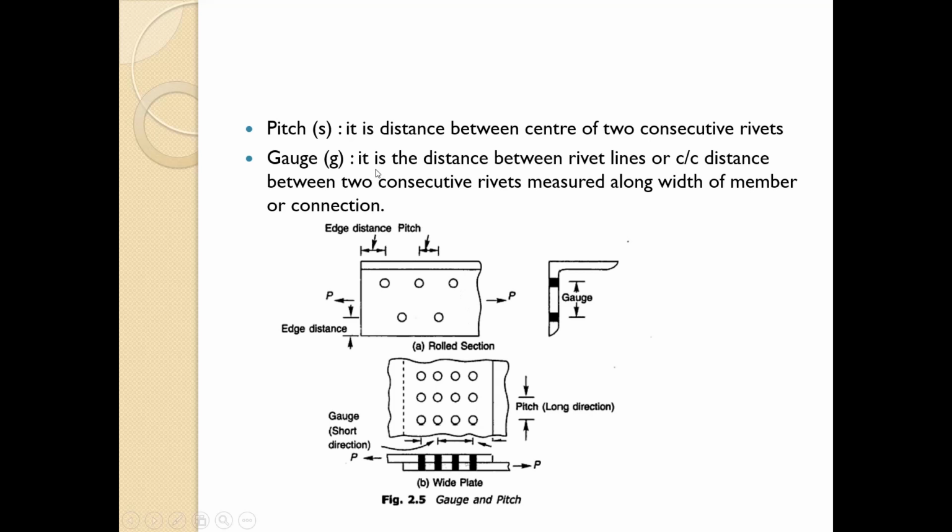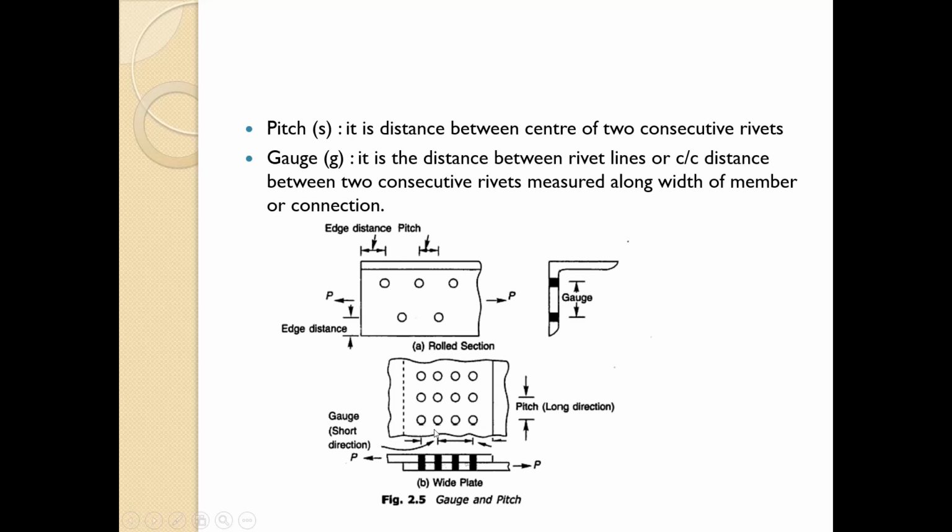And gauge, that is G, these two notations we use while choosing the sections or preparing the drawings. So it is the distance between rivet lines, or center distance between two consecutive rivet lines, measured along the width of the member or connection. So this is the gauge.